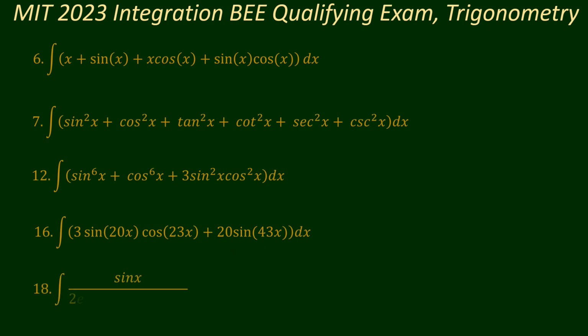And problem 18 was the last problem with trigonometric functions in it, which was sine x over 2 e to the power x plus cosine x plus sine x.